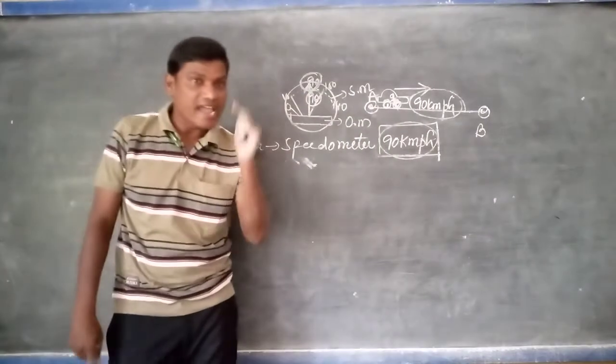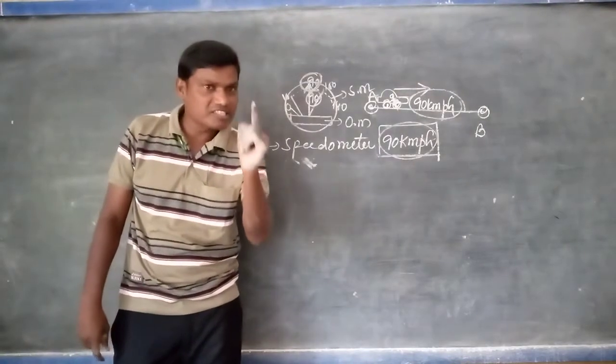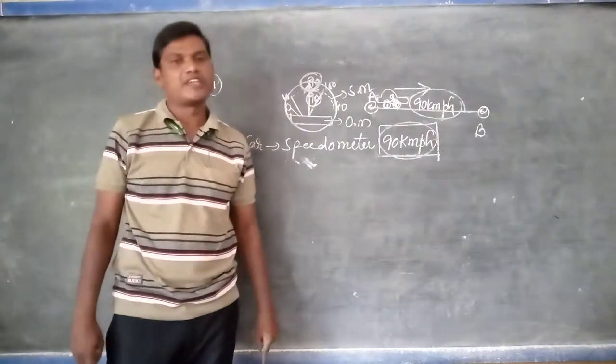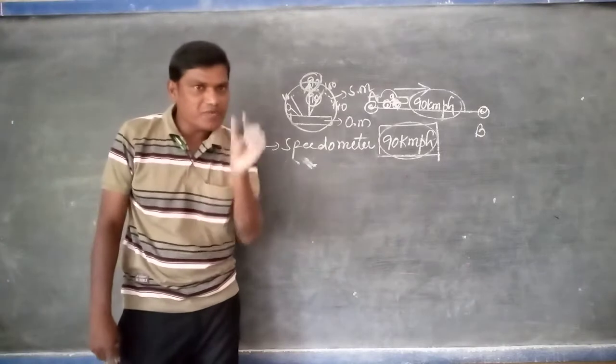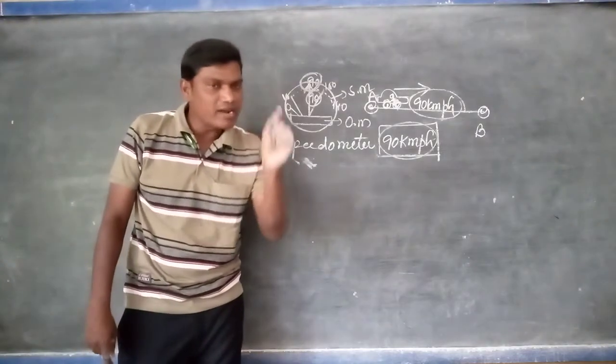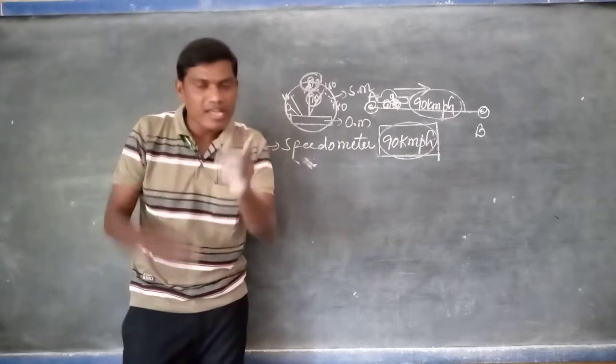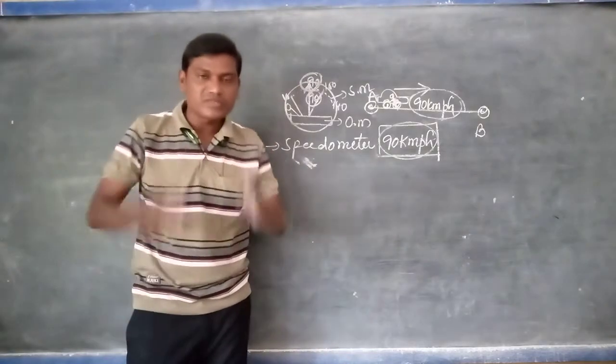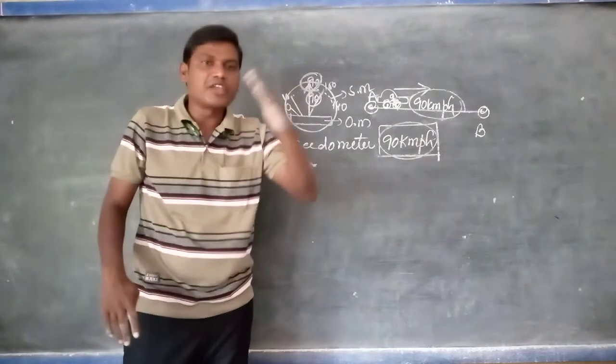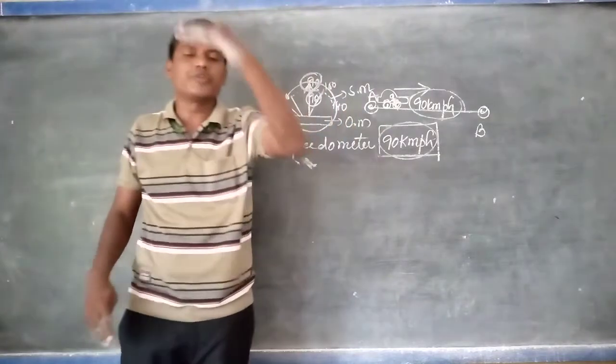I already clearly said this under the kinds or types of speed. If a body covers equal distances in equal intervals of time, however small the time intervals may be, the body is said to be in uniform speed or uniform motion.